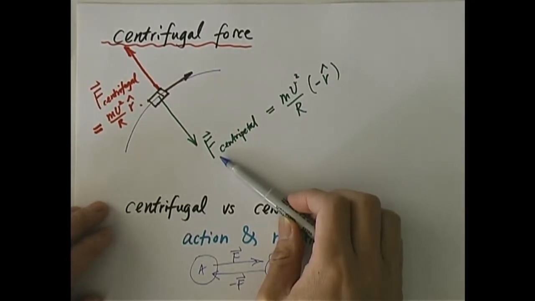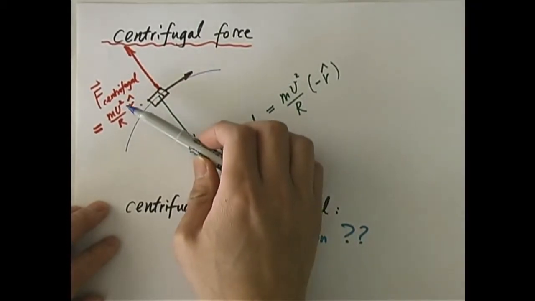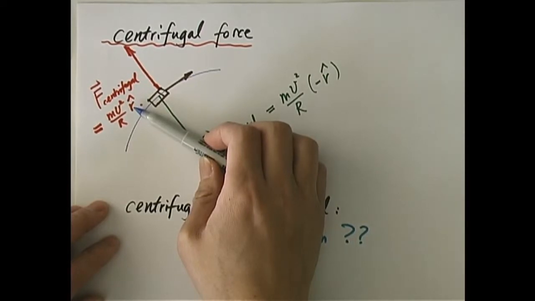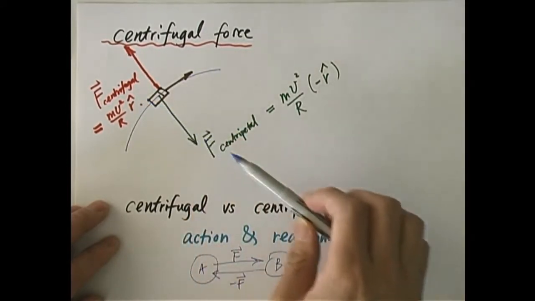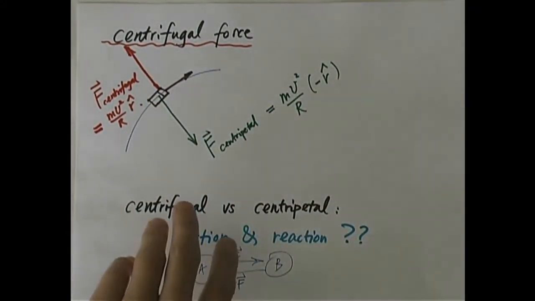It can be provided by tension, by gravity, by friction, whatever. The centrifugal force is totally different. It is not even real. It is pseudo, okay? It does not even exist. It has a totally different physical nature. It is introduced out of convenience so that we can use Newton's second law, even if we're not supposed to use it. So this is not a pair of action and reaction, okay? Please be careful about that.